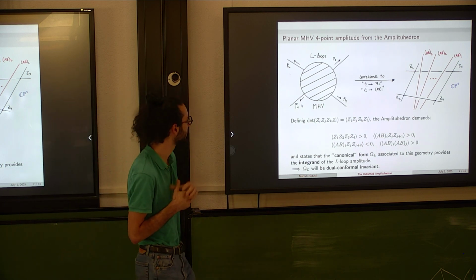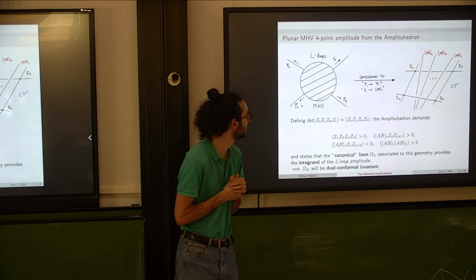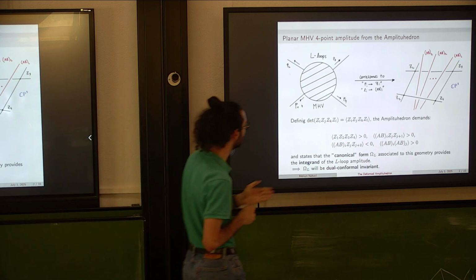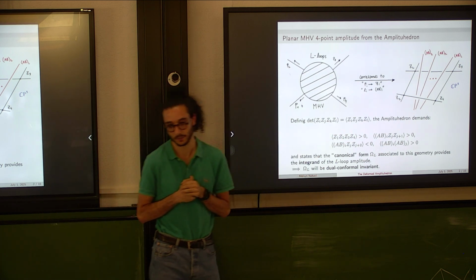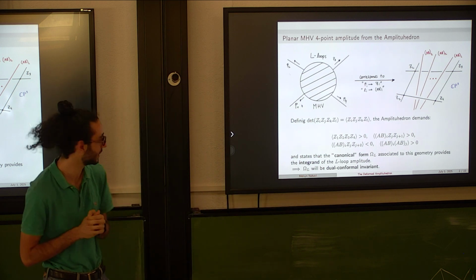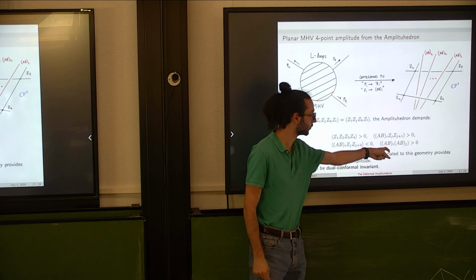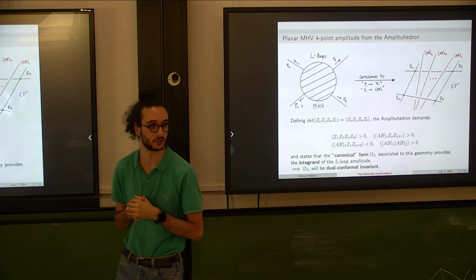As you have seen, we start from the 4-point MHV Amplituhedron at L loops. We have a configuration of external data in twistor space that bounds our loop momenta, and they also verify mutual positivity conditions.